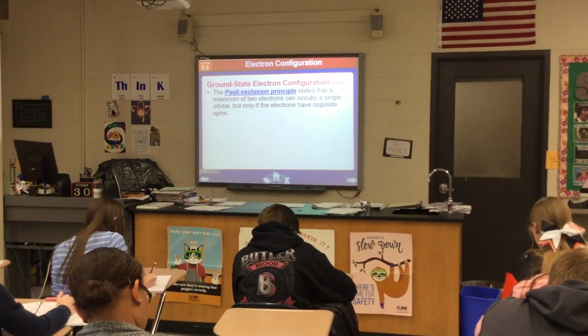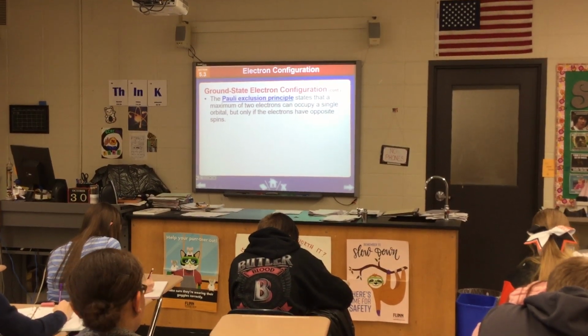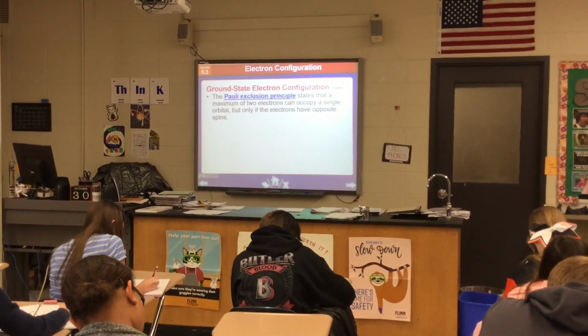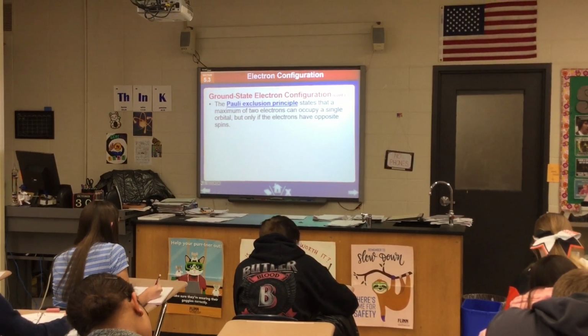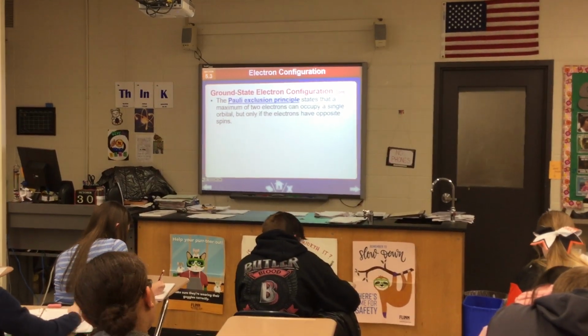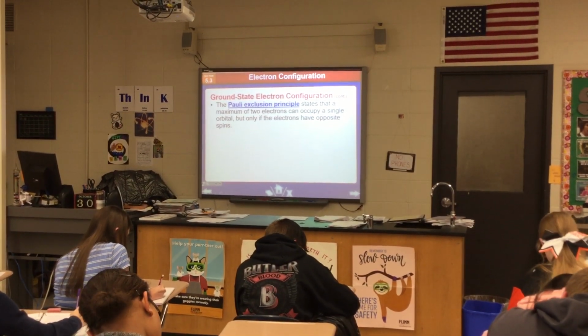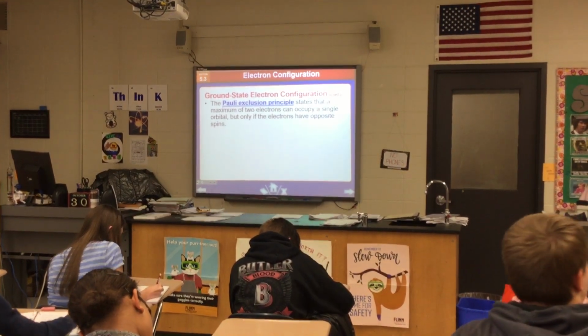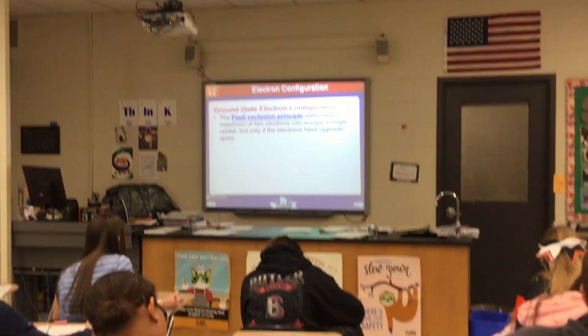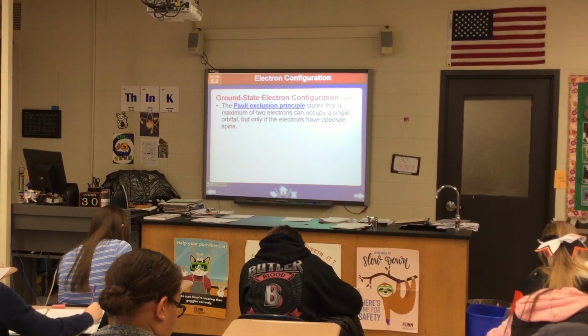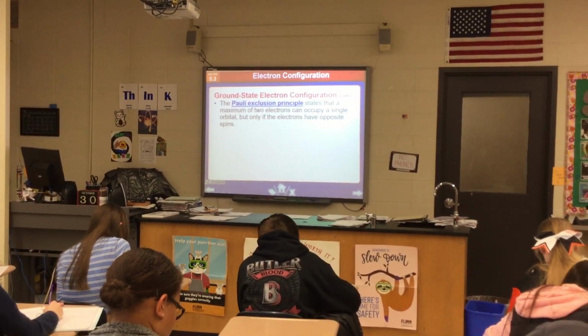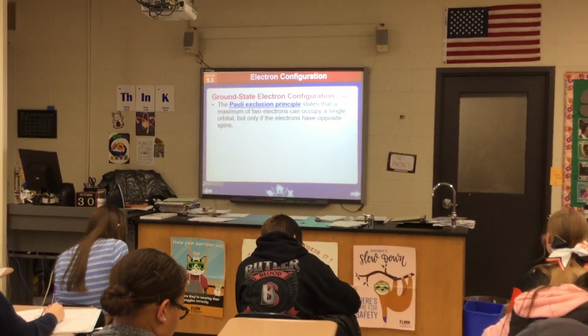That's the new information for Pauli. If the electrons are in the same orbital, they have to have opposite spins. And this is much easier to demonstrate, so I'm going to demonstrate that rule when we get to an example here in a minute.